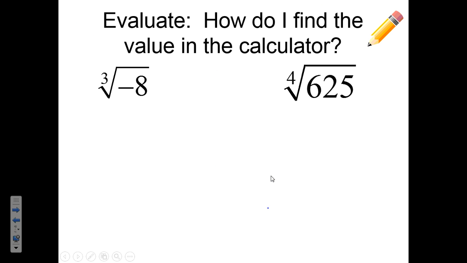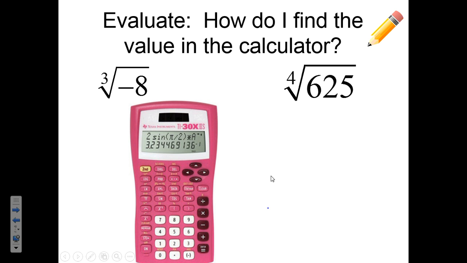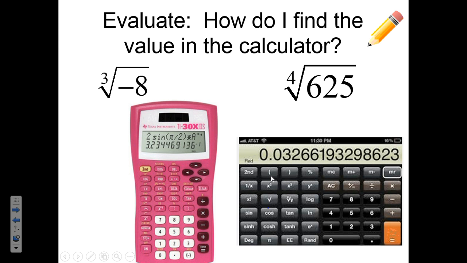All right, now we need to be able to evaluate using our calculator. Now some of you have a TI calculator and some of you have backwards kind of calculators. So make sure that when you are using your calculator, you know how to use it.